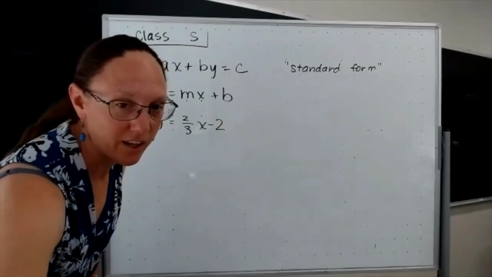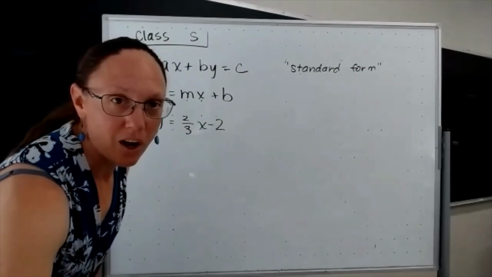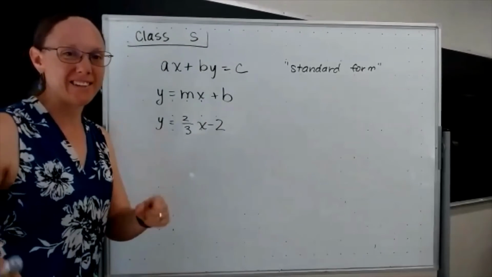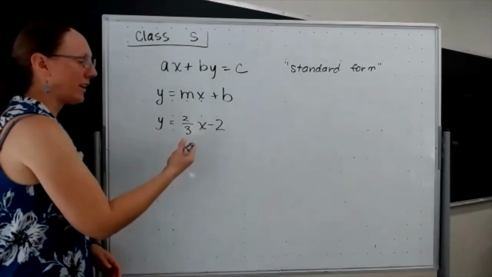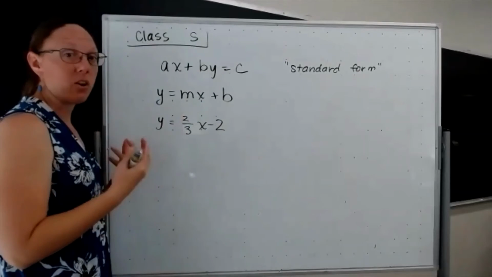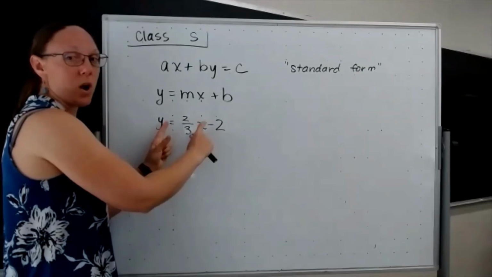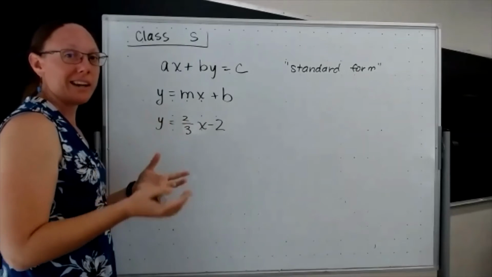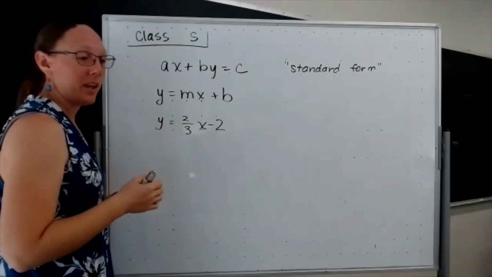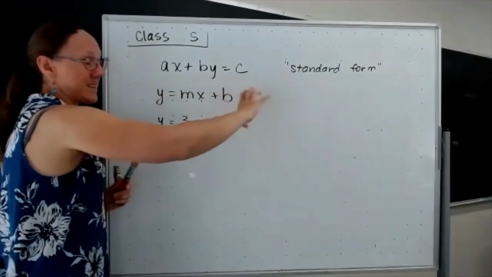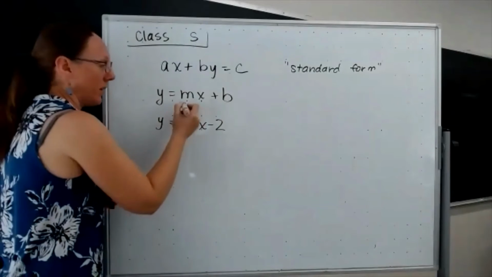Now, I actually think it's easier if we're plotting this without graph paper. When I look at this equation, first of all, I know it's a line because the invisible exponents on both x and y are 1. Now that I know it's a line, I can recognize that it's in this y equals mx+b form.